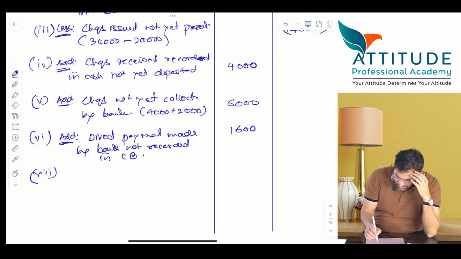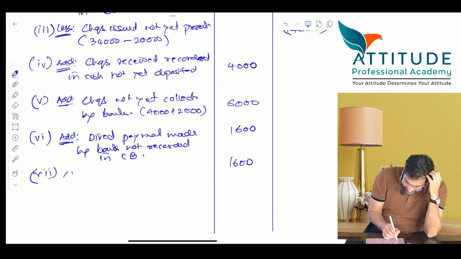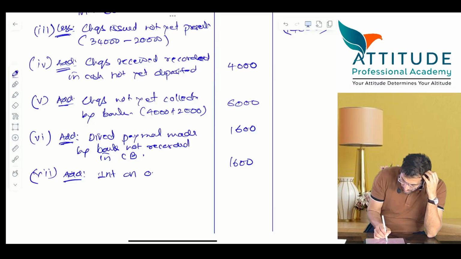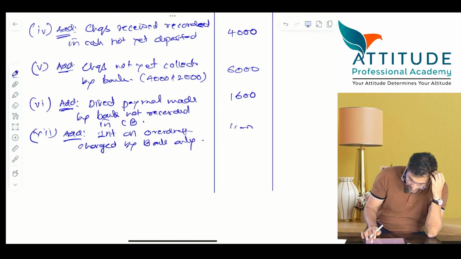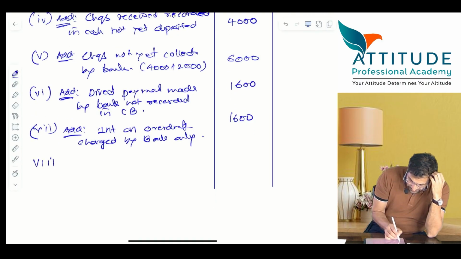Amount कितना है? 1600. Correct. Interest on overdraft. Add. Interest on overdraft charged by bank only. Okay. Next, 8th.